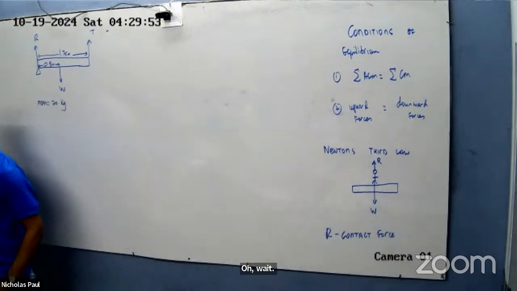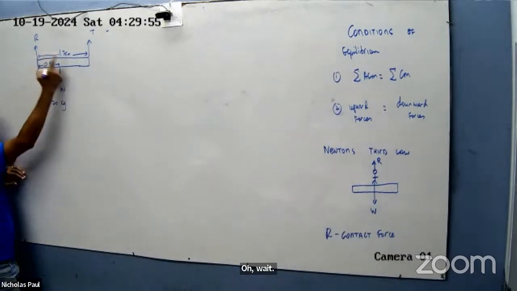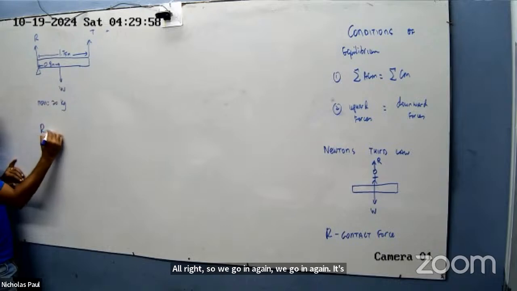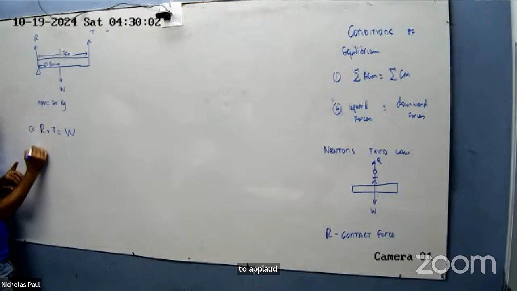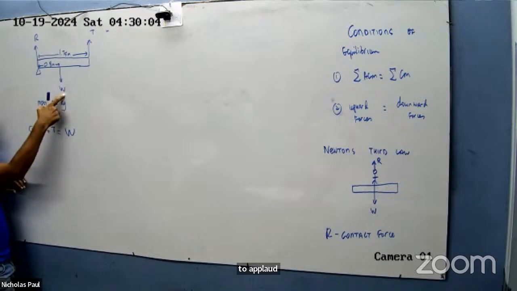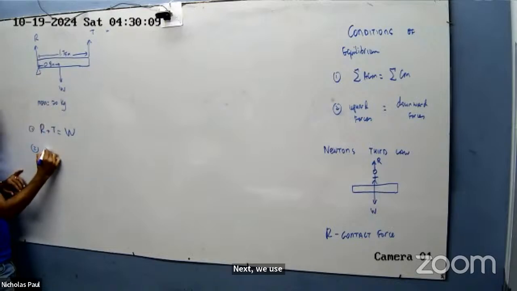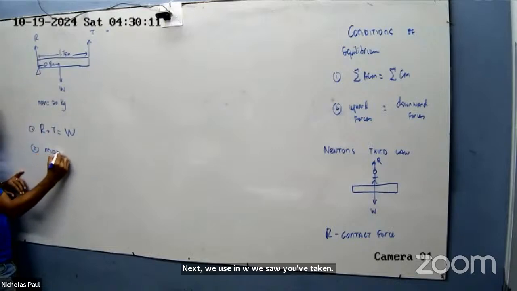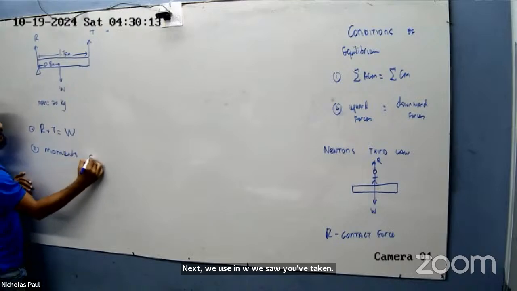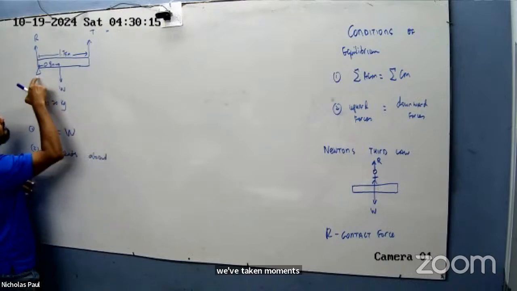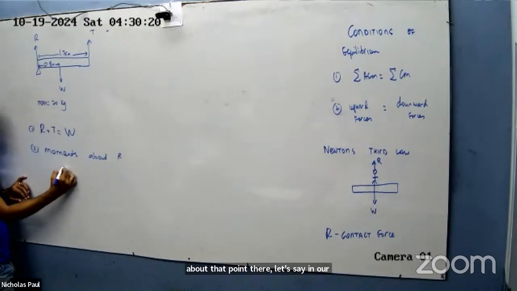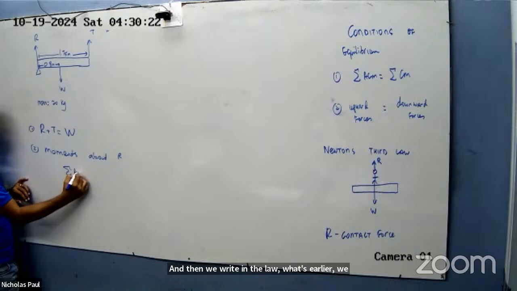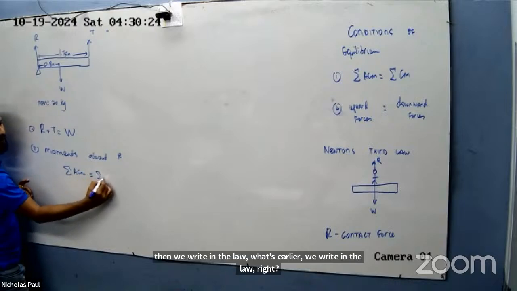All right, so once again, it's in equilibrium. So upward equal to downward, that's equation 1. Next, using W, we take moments about that point there, let's say R. Write in the law: sum of the anti-clockwise is equal to sum of the clockwise.